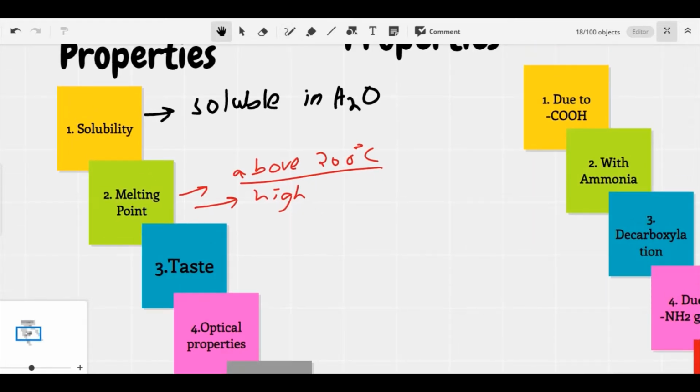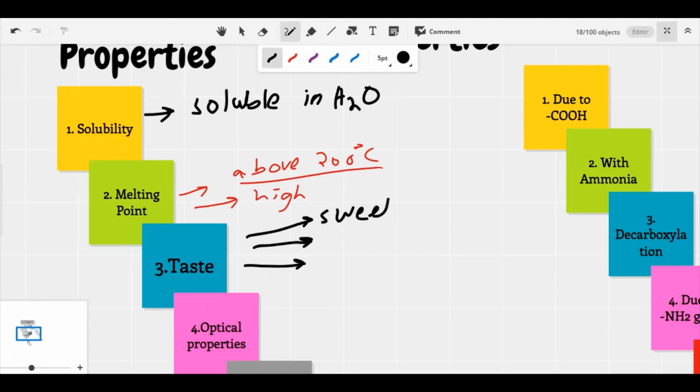Remember that according to taste, the amino acids are categorized into three divisions. The first one is sweet, the second one is tasteless, and the third one is bitter. Amino acids are divided into all three divisions.